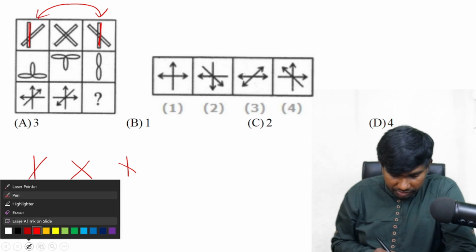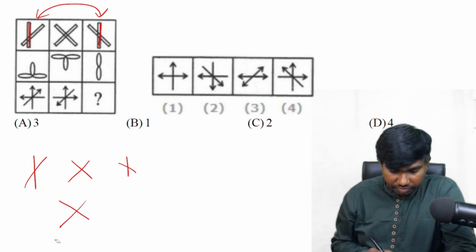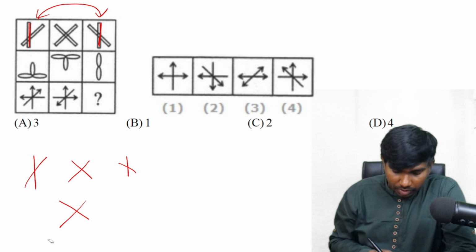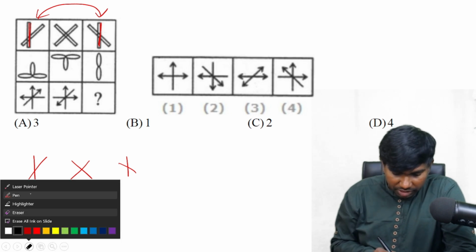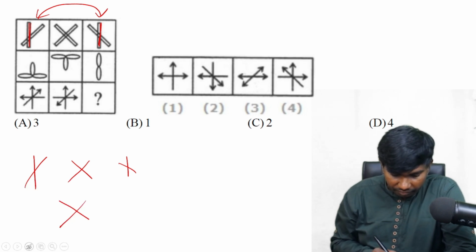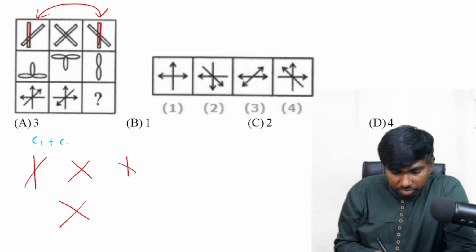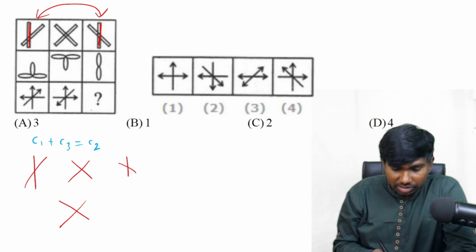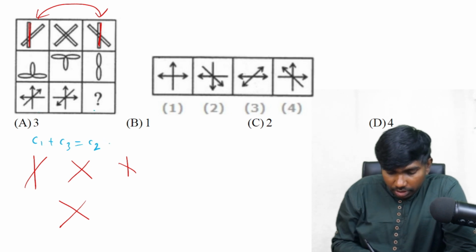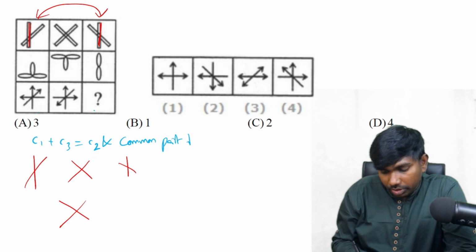If you delete this one, we have this figure. So we have used similar logic in one of our previous questions: column 1 plus column 3 equals column 2, and common parts deleted. Common part deletion.